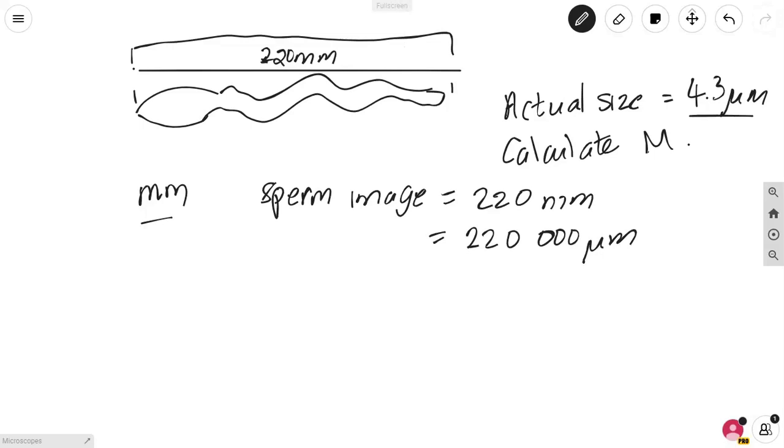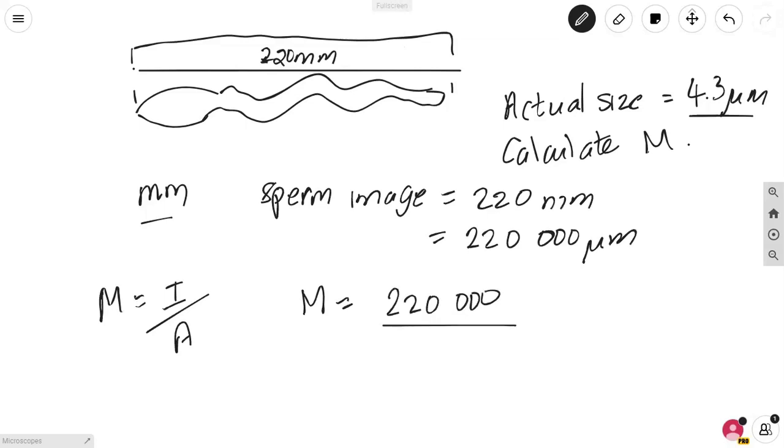I then can fill in my equation: 220,000 divided by 4.3. Put it into your calculator. Nobody expects you to know calculations like this off by heart. You are allowed a calculator, so use it. And it gives me 51,162.